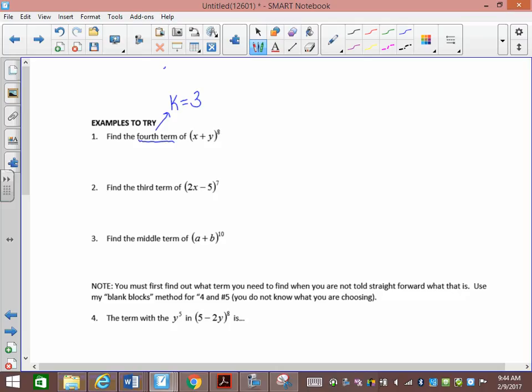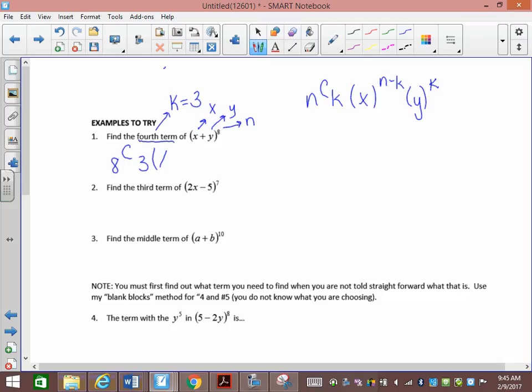Okay, it has to be x, y equals number. Well, we have x, and y is actually y, and 8 is n. Our formula is always n c k x to the n minus k y to the k. We know x, we know y, we know n, we know k. We can figure out the term. So n is 8. C, k is 3.